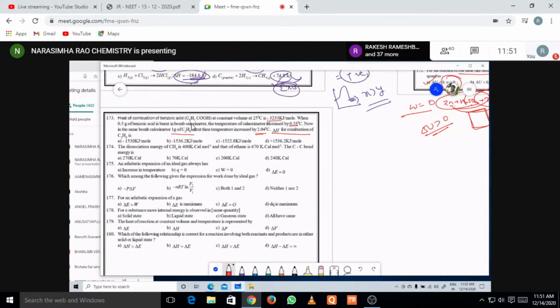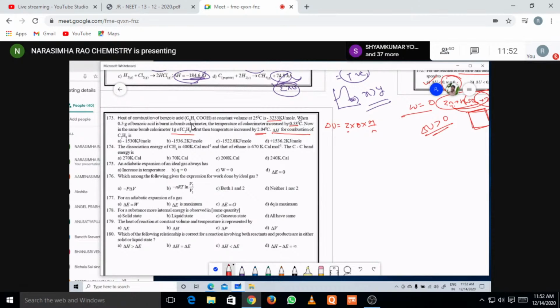According to delta U is equal to Z into theta into molecular mass by mass. First find the Z value. This is the heat of combustion of benzoic acid at constant volume.